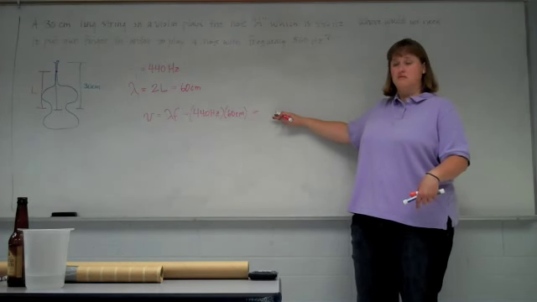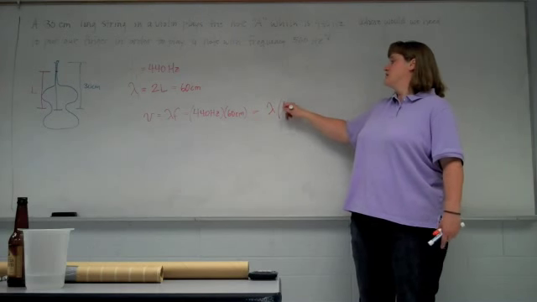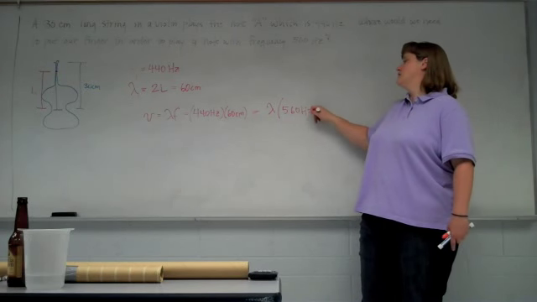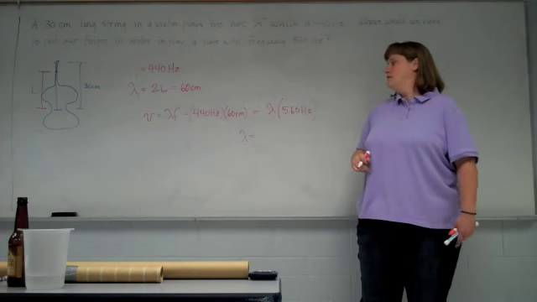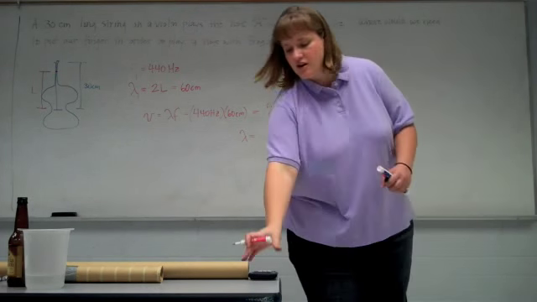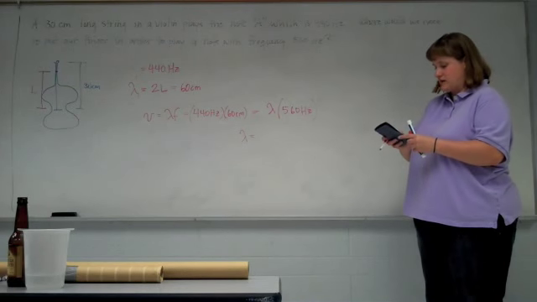So new wavelength times the new frequency. That's just going to give us our new wavelength in centimeters as well. So since I'm not taking the time to solve for what V actually is, we don't have to worry about the units.